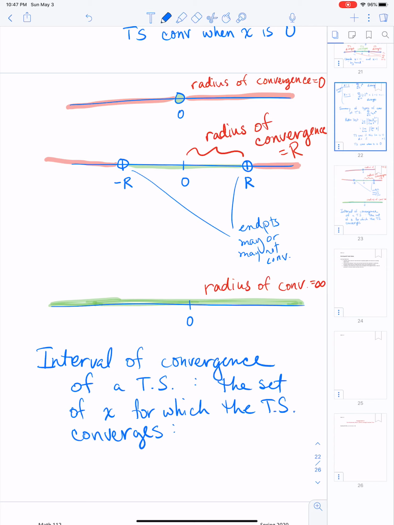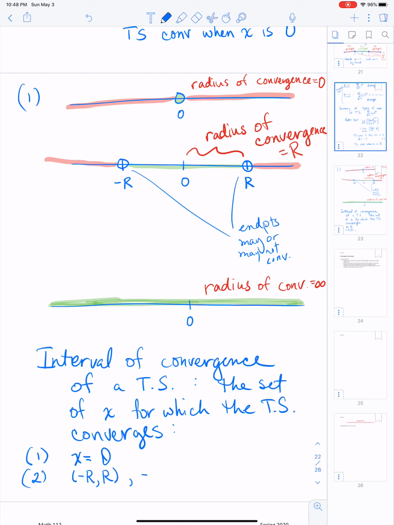And so the three cases are that the interval might be, as in case 1 here, just a single point, so x equals 0. It might be the case of the interval from minus r to r, and in that case there are actually 4 possibilities. It could be minus r to r, not including either of the endpoints.